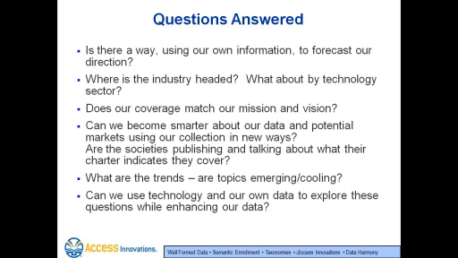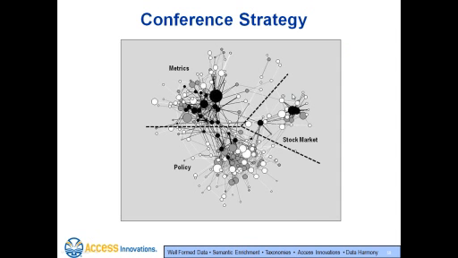And just like an old flip book, you can automate the images so that it moves quickly through the years and you see what direction you're going. So that's a good way to use technology and your own data to explore questions about forecasting direction and learning about the industry.